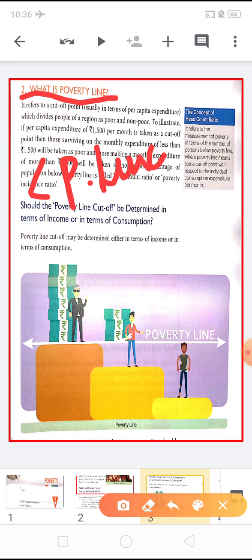So the poverty line tries to capture the socially acceptable minimum living standards which the society tries to fulfill.